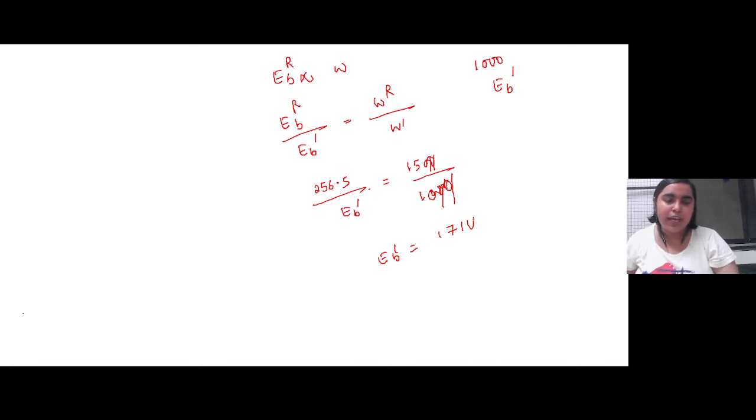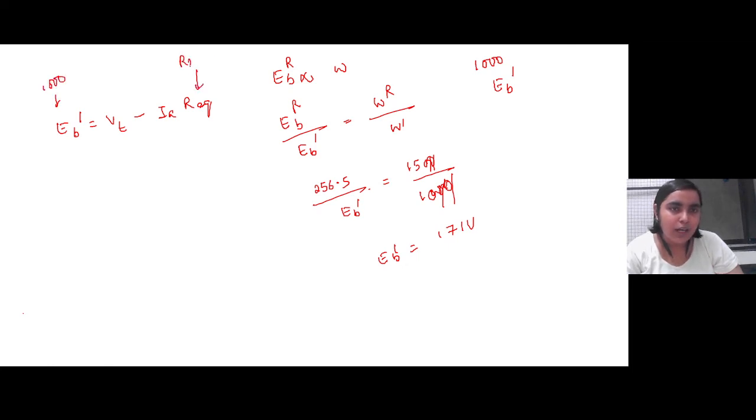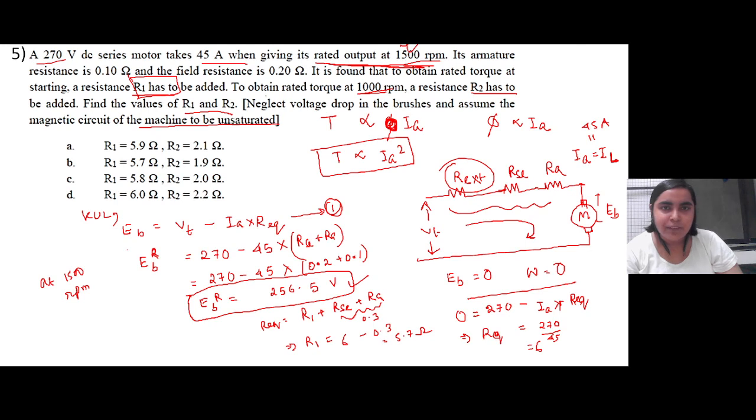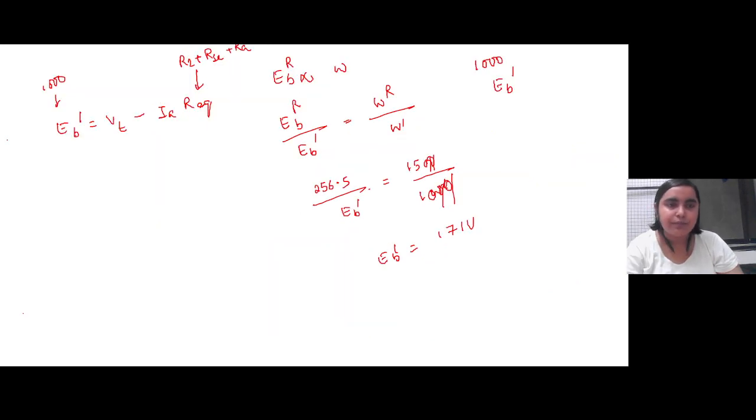Now we can easily equate this in the equation. So we have EB dash is equal to Vt minus Ia into R equivalent. Since EB dash is the back EMF when it is rotating at 1000 rpm, this R equivalent will consist of R2 plus R series and R armature, because in the question it is given that to obtain rated torque at 1000 rpm, resistance R2 has to be added.